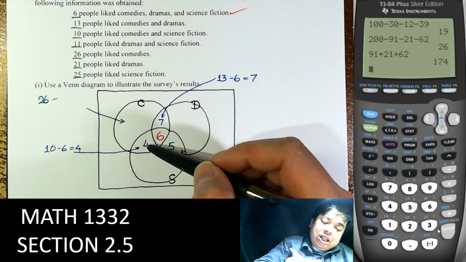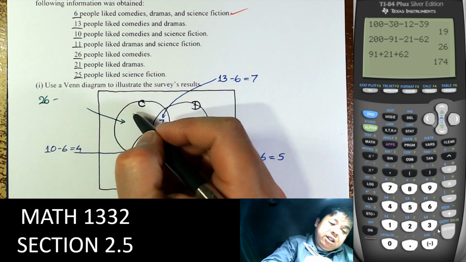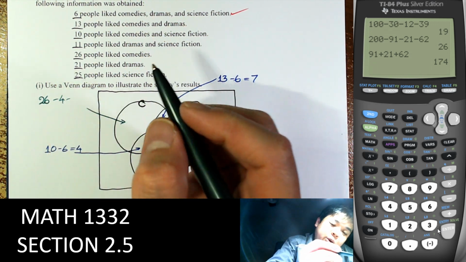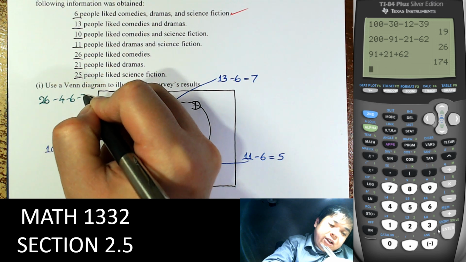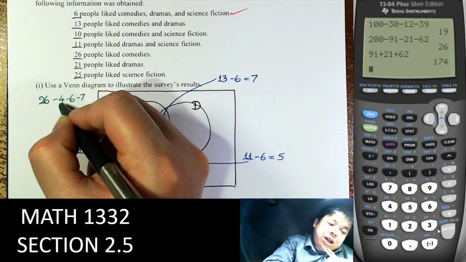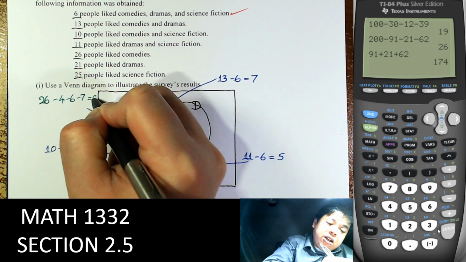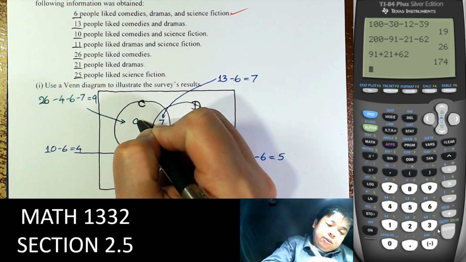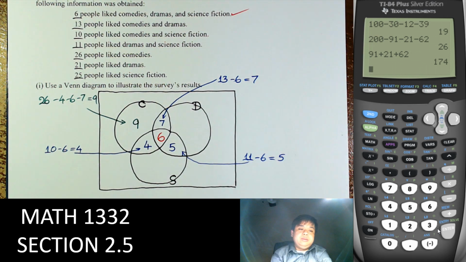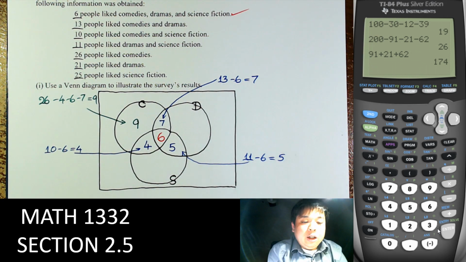So we have to exclude the 4, 6, and 7 that we have. So that is 10 and 17. So that gives us 9. So 9 people only like comedies.